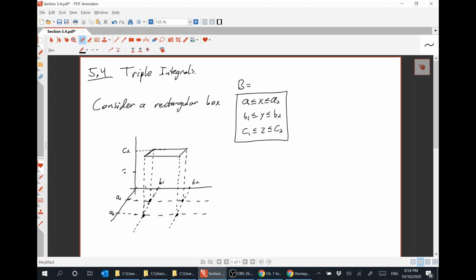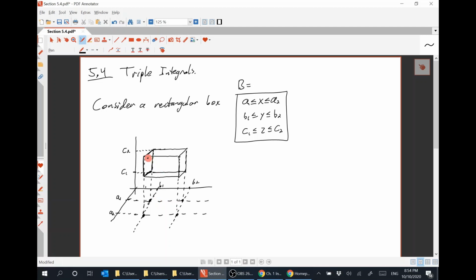And then C1, we'll just pick a spot. So here's the box. So we've got this box hanging out in space.